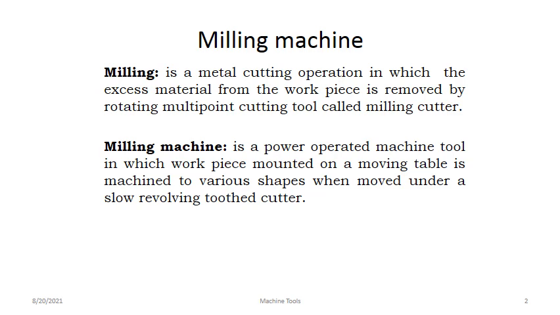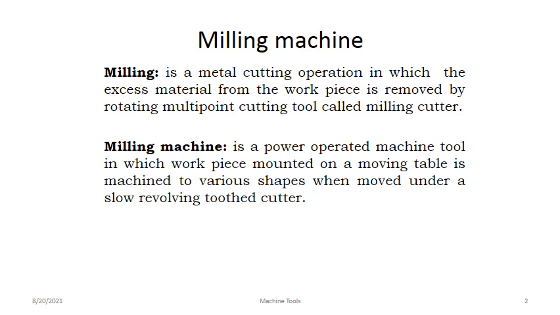A milling machine is a power operated machine tool in which the workpiece is mounted on the moving table and is machined to various shapes when moved under a slow revolving toothed cutter. The revolving toothed cutter means the milling tool or milling cutter. With the help of power it is operated, and the table moves. It is called a milling machine.